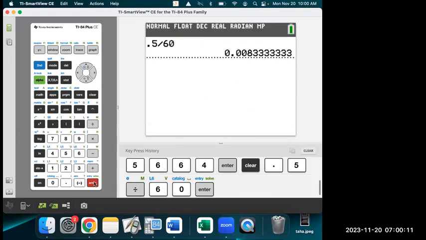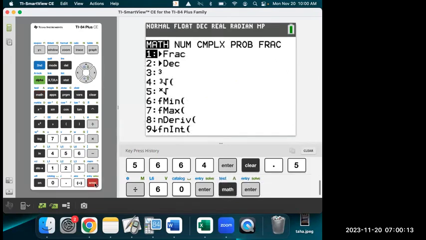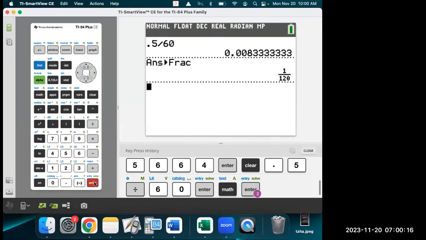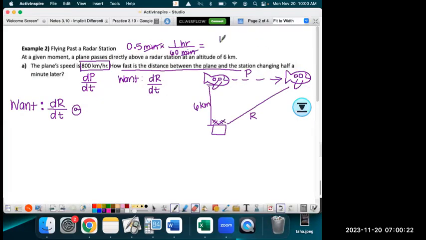That looks pretty gross, and that's not something I want around, so I'm going to leave that in fraction form. 1/120. Okay, so we want to know the rate that the distance between the plane and the station is changing at time 1/120th hours. Sounds a little crazy, but we'll go with it.